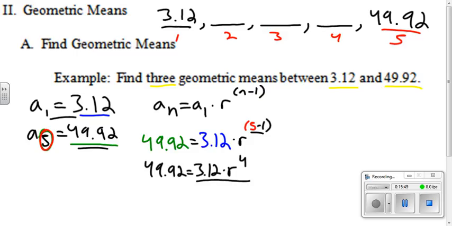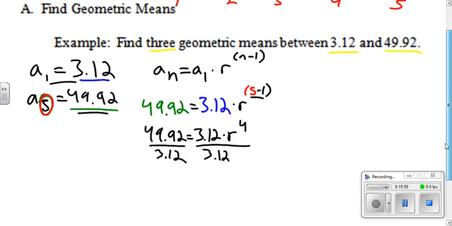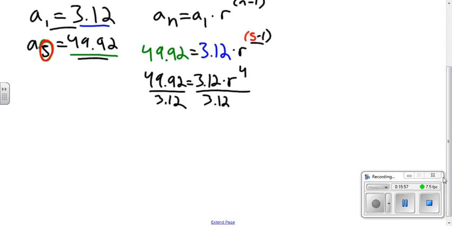Now we can divide both sides by that 3.12. 49.92 divided by 3.12 comes out to 16, nice and evenly. So we have 16 equals r to the 4th power. Here's where you'd use your calculator and take the 4th root of both sides. Be careful with what you get here though.